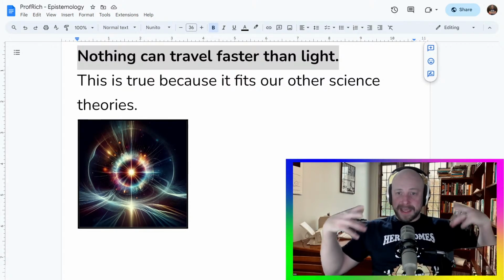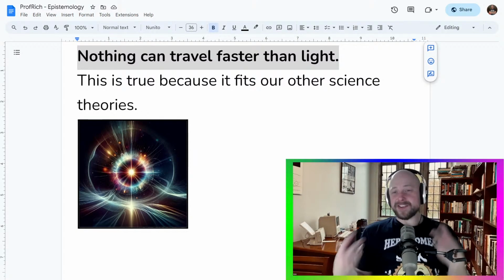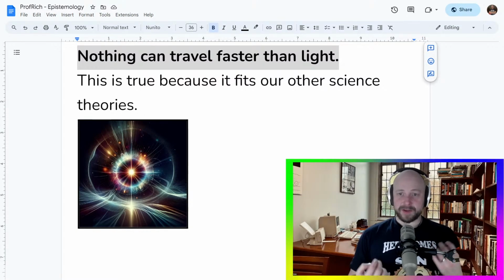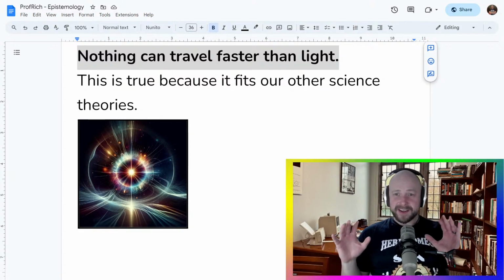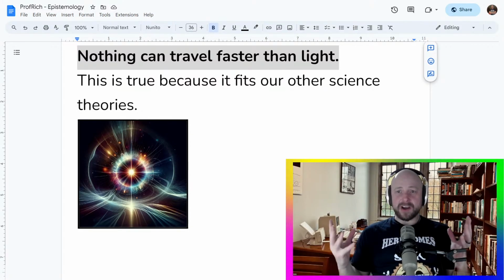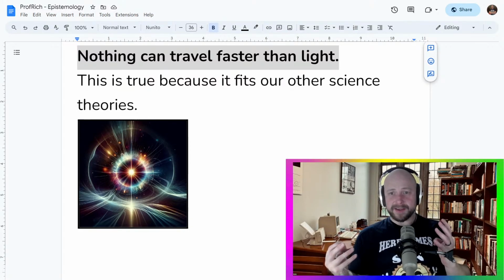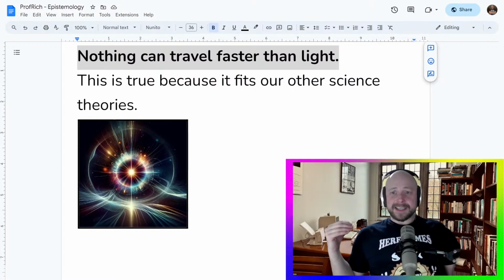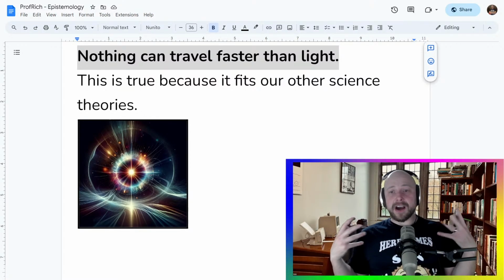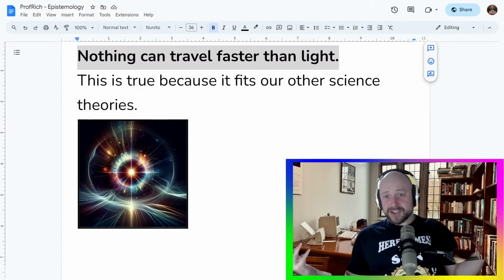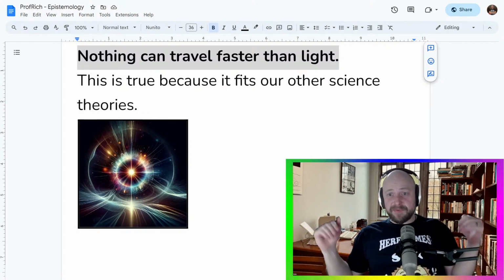We add things that fit, especially in physics at the moment, subatomic physics. A lot of our current scientific knowledge of subatomic physics is based on ideas that just fit. We don't have any other proof. We just have theories that fit.